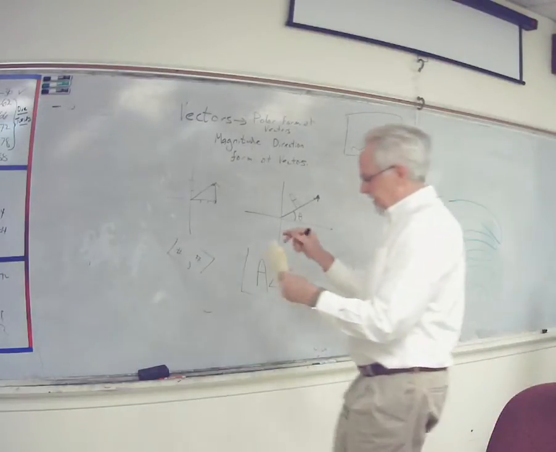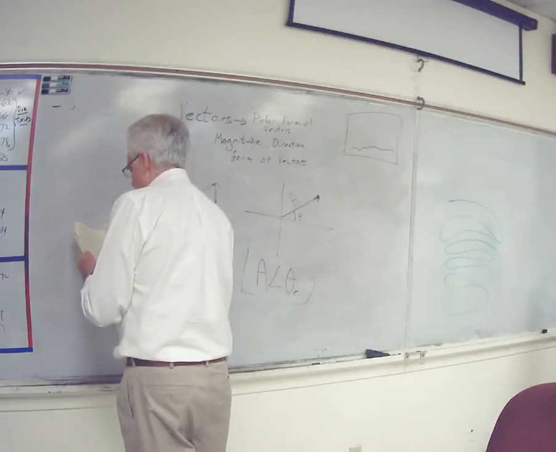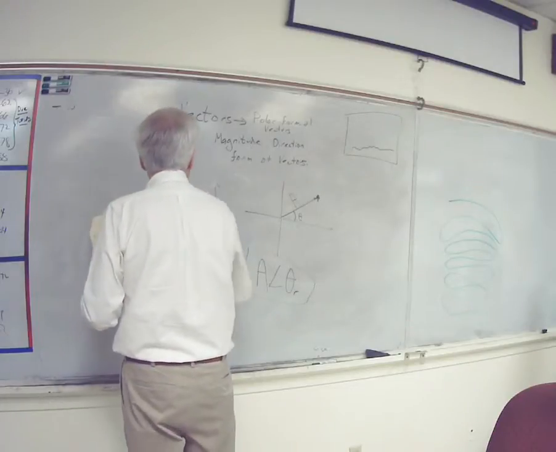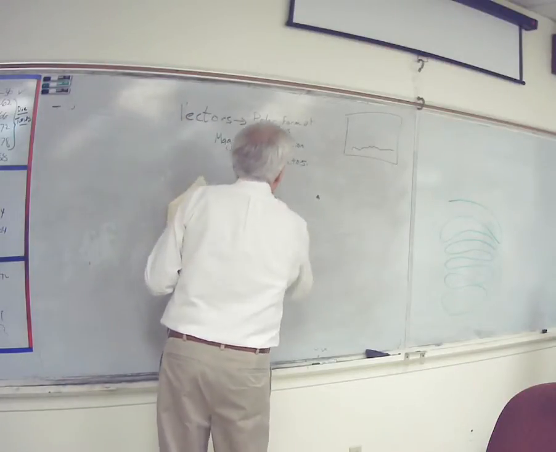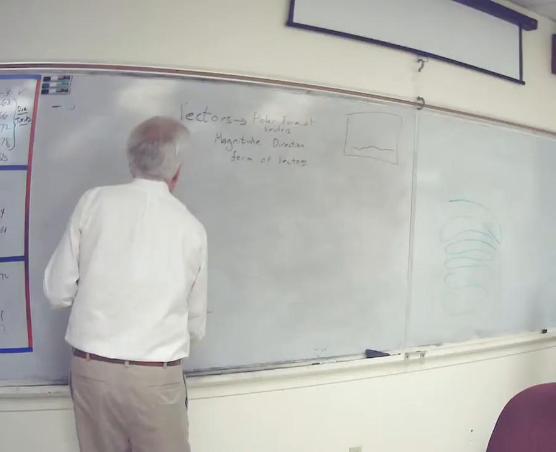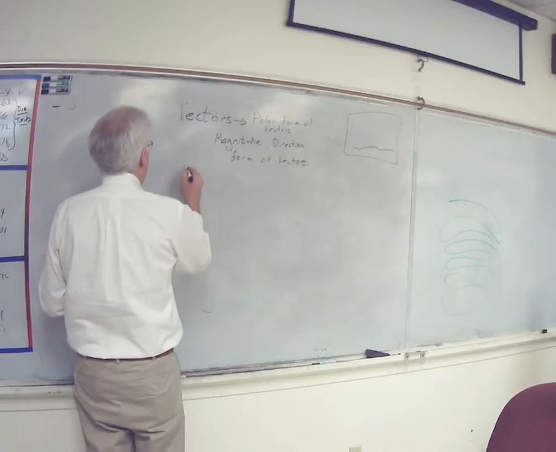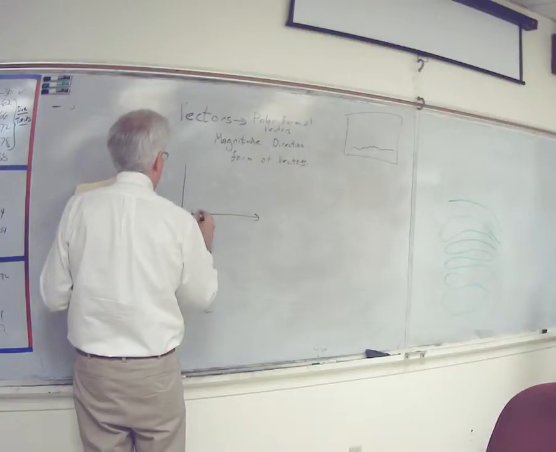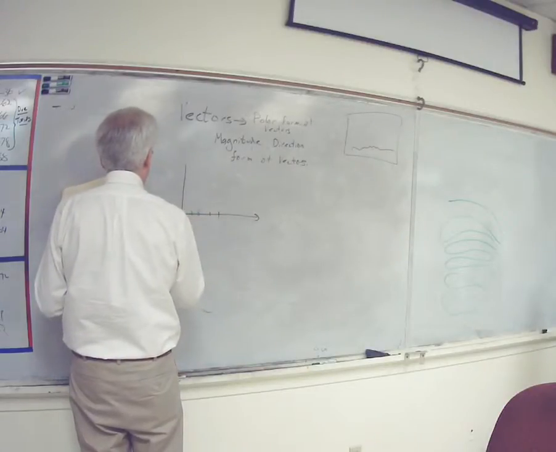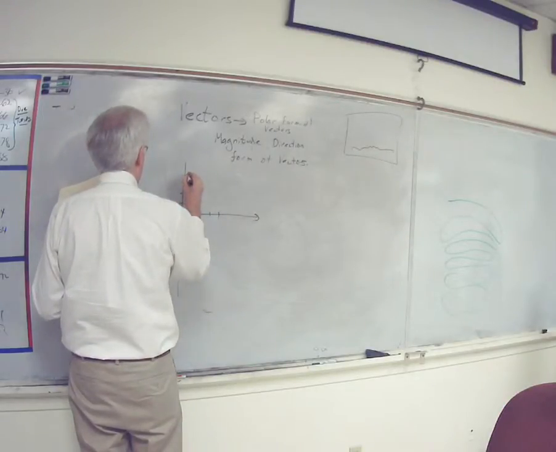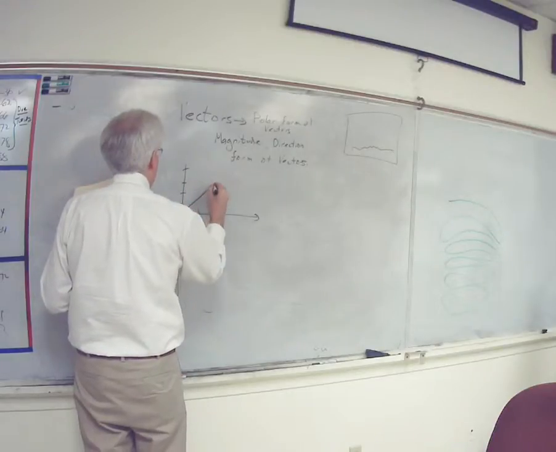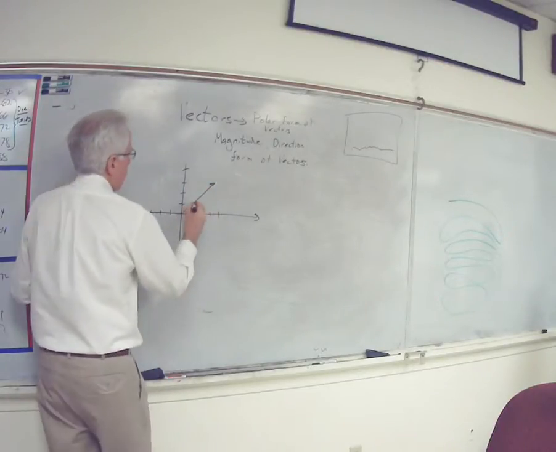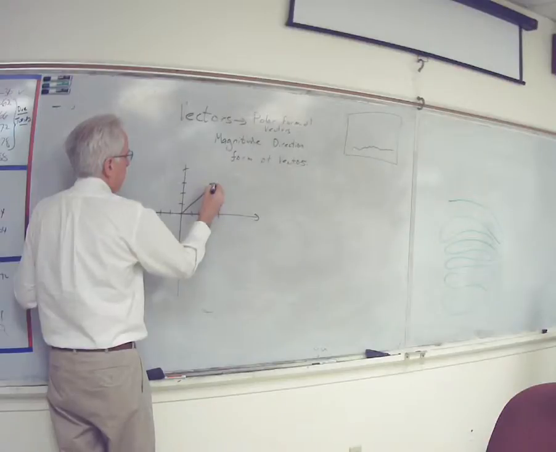So let's think how we go back and forth between one and another. Let's see if you can figure this out. I'm going to start in polar form. What two things do I have on this vector?